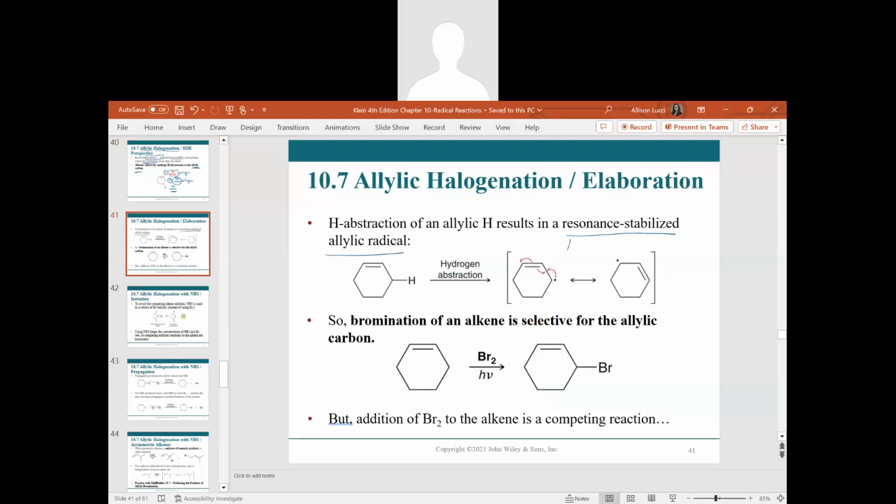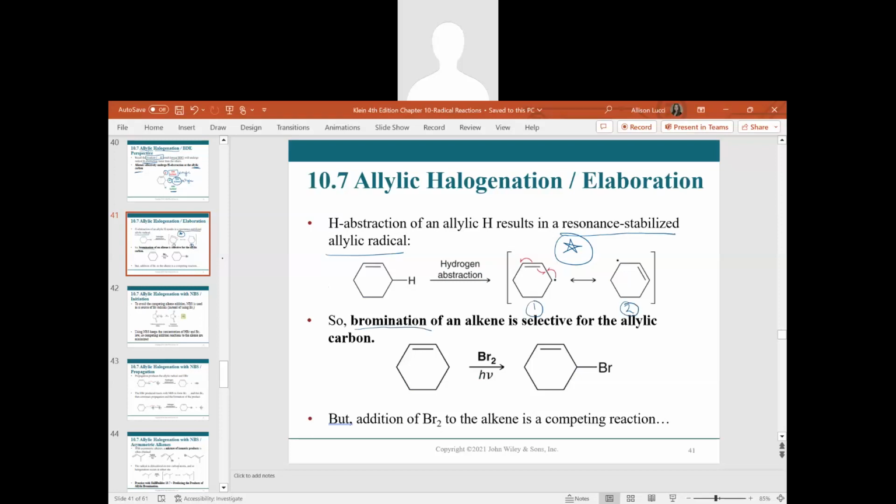That electron is moved with those three curved arrows, and we go from resonance structure 1 to 2 by moving 3 electrons. So bromination in this reaction would be selective for an allylic carbon.